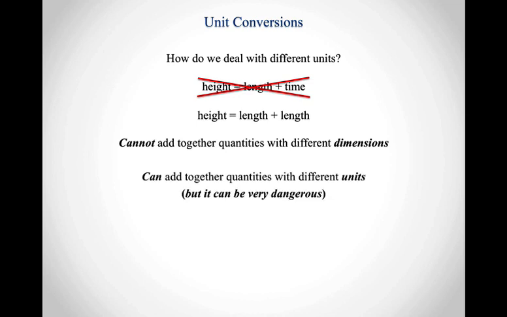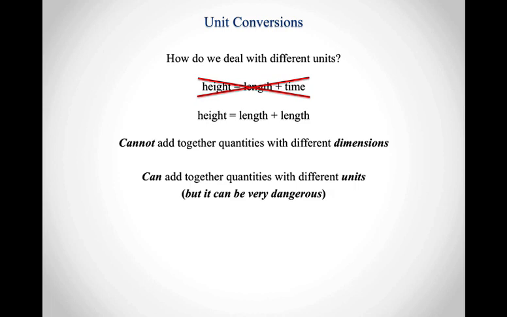I can add together quantities that have the same dimension but different units. So 5 feet 10 inches, we say things like that all the time. The thing we need to be careful about is that I don't often take that height and try to use it mathematically.